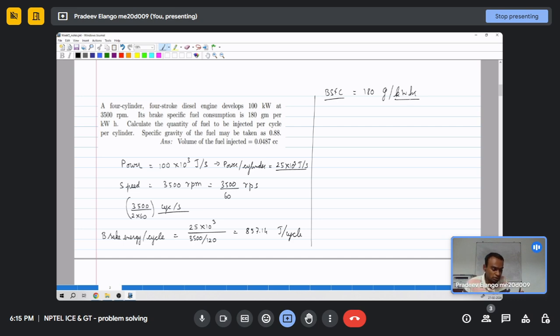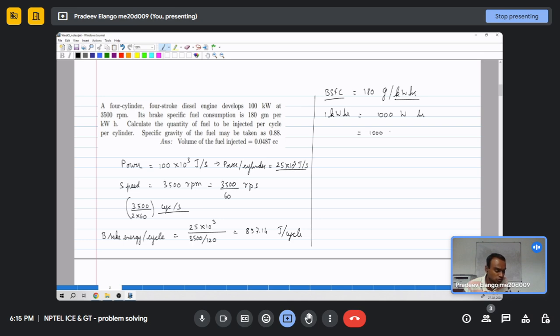So to convert this in terms of joules, we can write this as 180 gram. So first we'll put 1 kilowatt hour. 1 kilowatt hour is 1000 joules per second hour, right? Or 1000 watt hour.